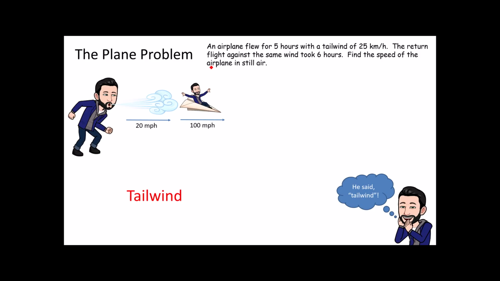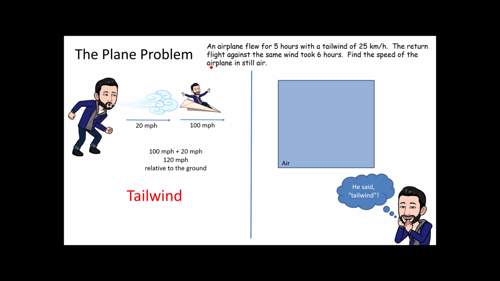If this wind is blowing at 20 miles an hour, it's helping to push the plane forward faster than it would have normally gone. So instead of moving 100 miles an hour, the plane is actually moving 120 miles per hour relative to the ground.